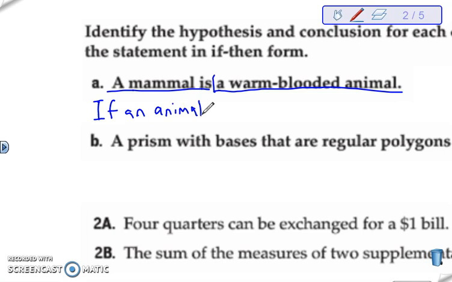So if an animal is a mammal, then it is warm-blooded.